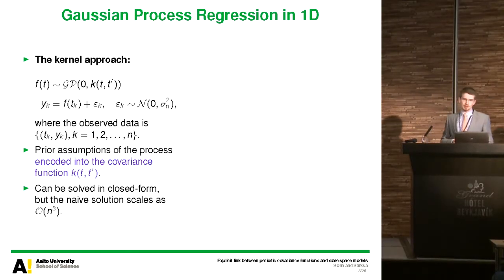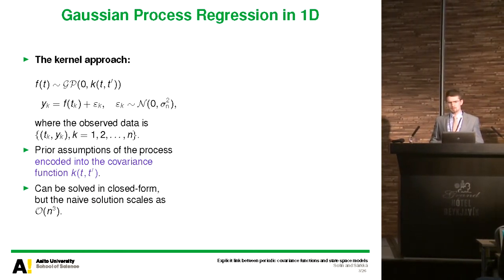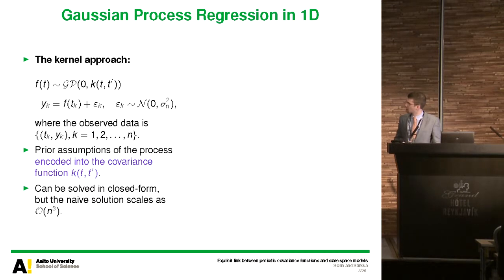Let's start with the Gaussian process regression thing in one dimension. So in machine learning, Gaussian processes are used as flexible priors of functions, where you encode some prior knowledge about the function, how it behaves, typically in time in this case. In Gaussian process regression, the functions themselves are considered to be realizations of this Gaussian process prior, and then we have some observations y that are observed at discrete time points.